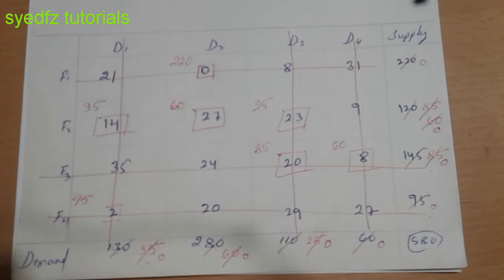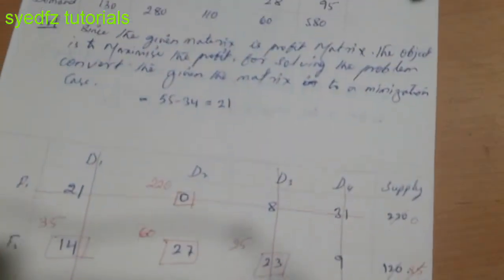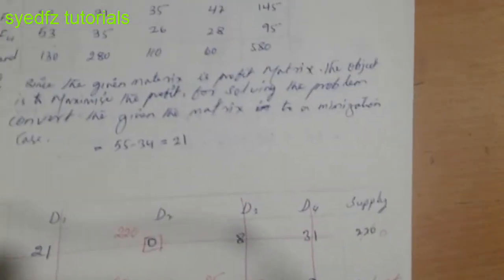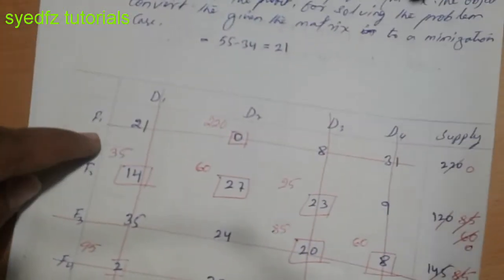Okay, this is the way where we can allocate and assign to the unit cost. Let's calculate the total unit cost. Let's see, first let's start from here.